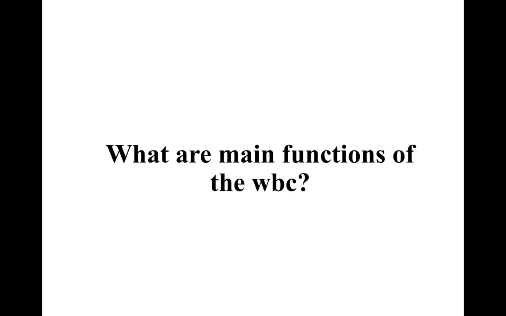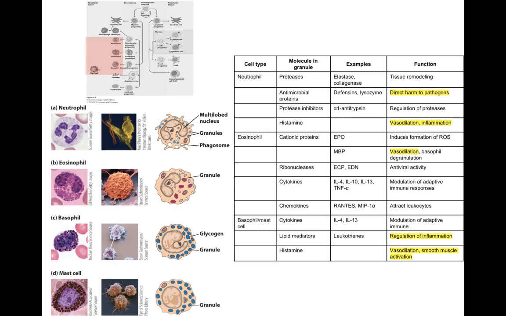What are main functions of the white blood cells? So if we look at these different white blood cells, and if we start on the myeloid progenitor side and look at the granulocytes that are there, the neutrophil is a phagocytic cell, so it can eat and destroy microbes. It has multiple things inside of it that can help it do that, and there's a few listed here.